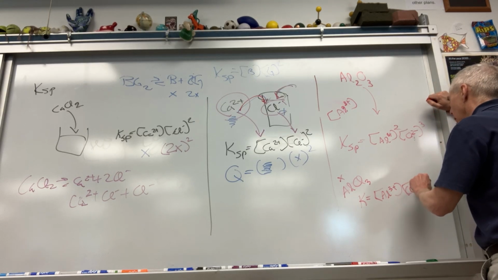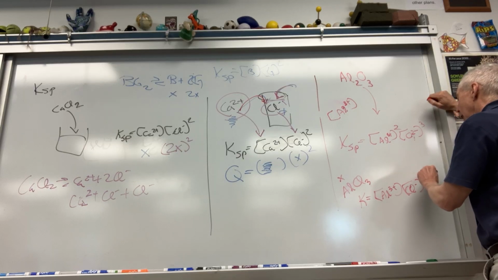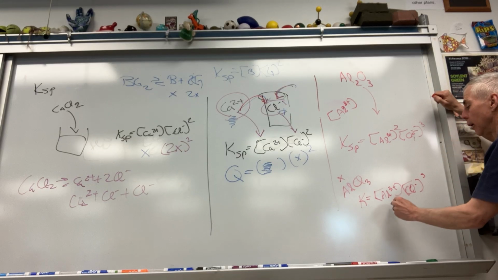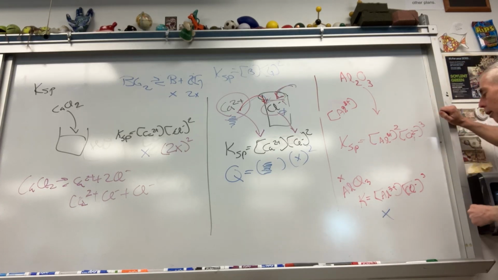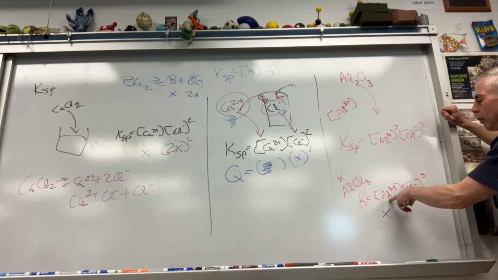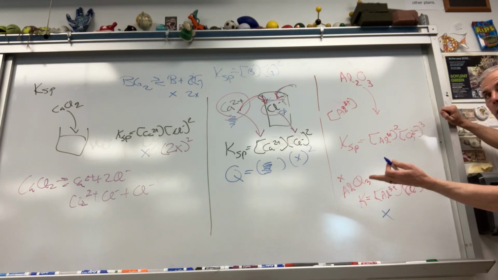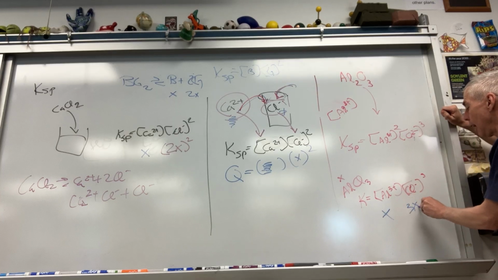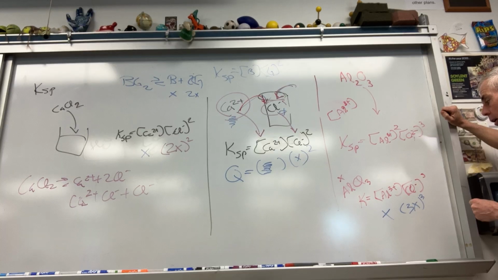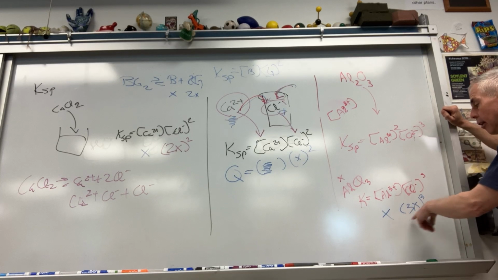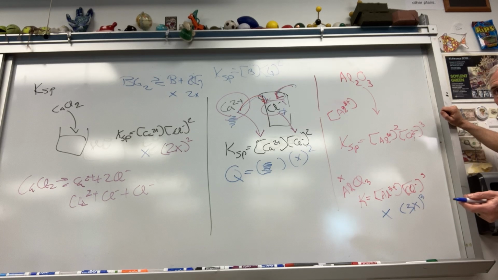If we call aluminum X, what's the chlorine? If aluminum is X, chlorine is 3X, and then we're going to cube it. So that's going to be 27x to the third times x, or 27x to the fourth.